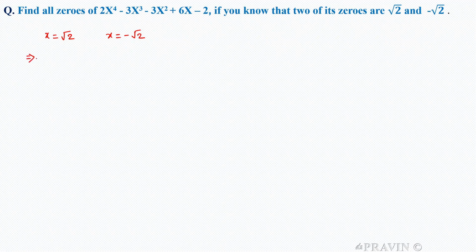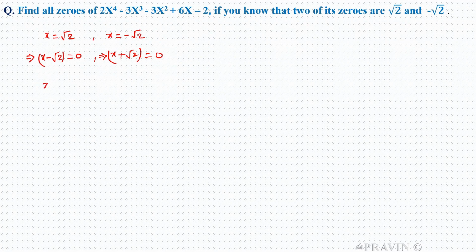From here you can say x minus root 2 is equal to 0, and x plus root 2 is equal to 0. Now x minus root 2 and x plus root 2 are the factors of the given polynomial. So just multiply these two terms.